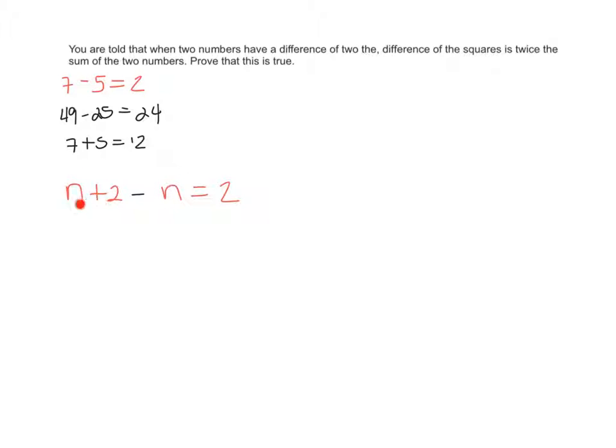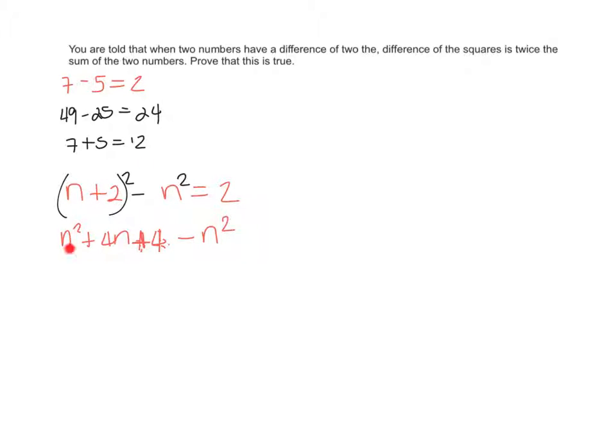Once we square this, I'll probably just put brackets around it to show you that I'm squaring it, and then squaring that number. So once I square it, I will get n squared plus 4n plus 4. Okay, let's get this writing properly. n squared plus 4n plus 4, and then take away n squared. So all of this is that, and then this is just that.